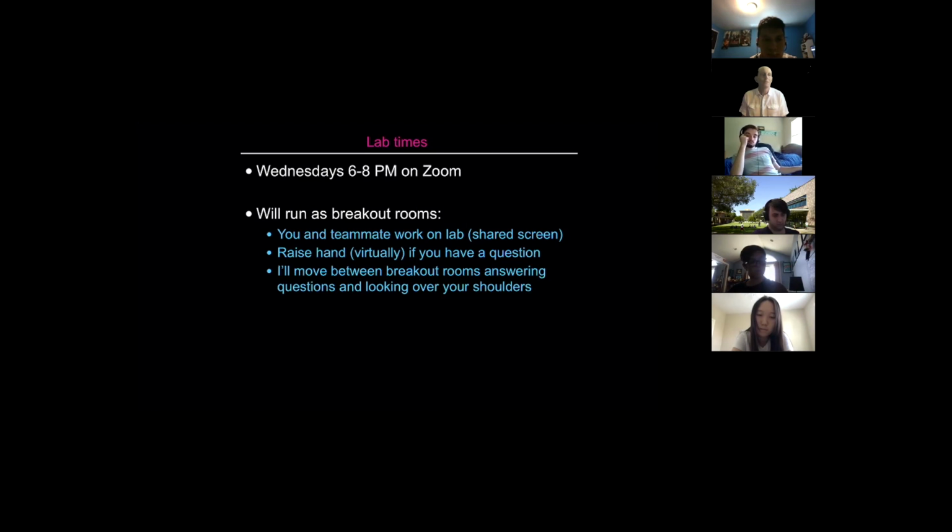So we'll have about twice this many people. If you want to have your lab partner be from Section 2, that's fine. They don't need to be in the same section, because the time we're going to be working on is during that lab time. Do not expect that you can finish the lab during those 2 hours.